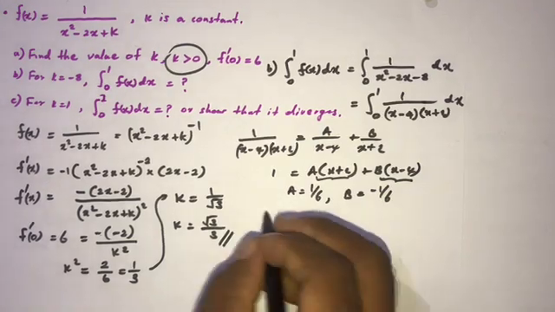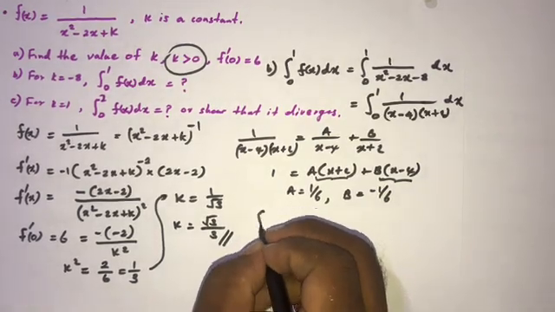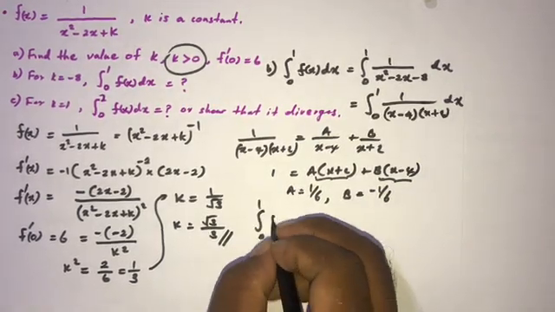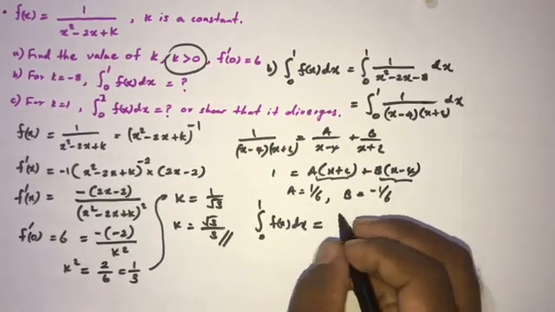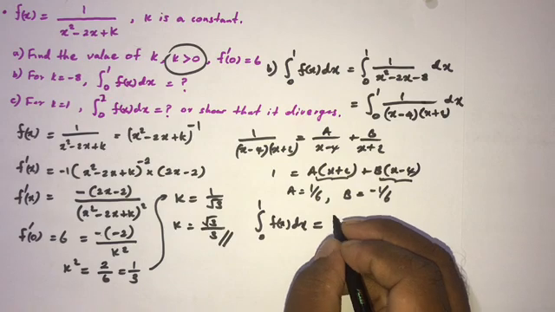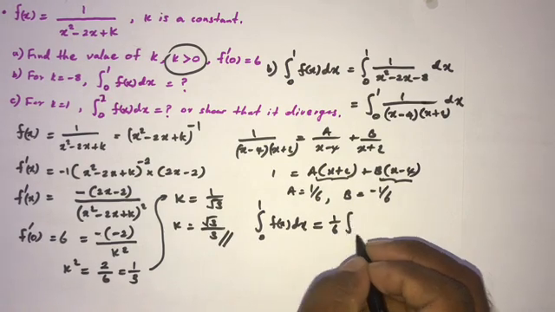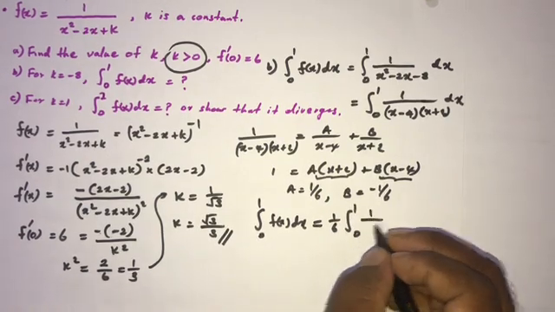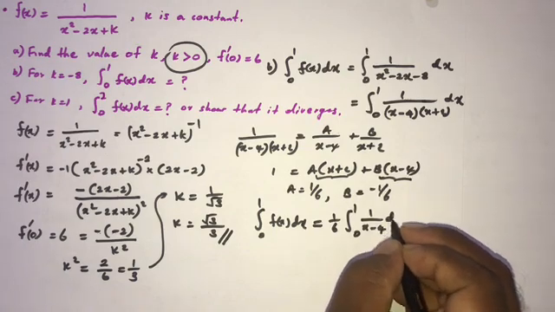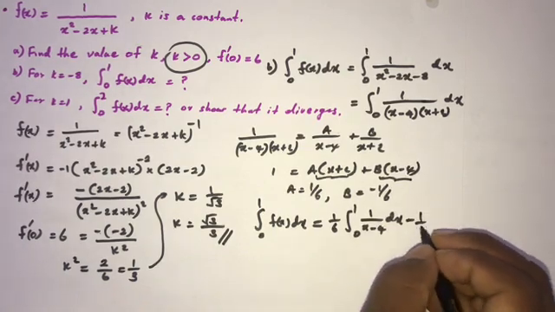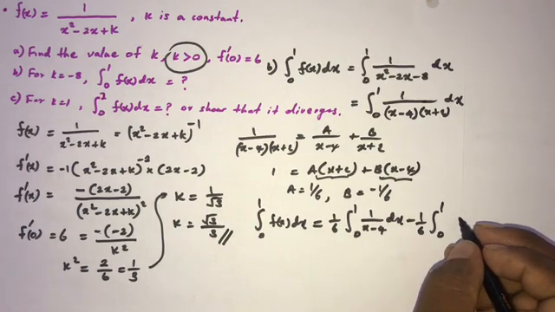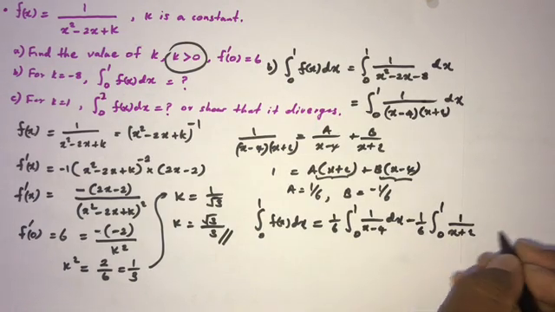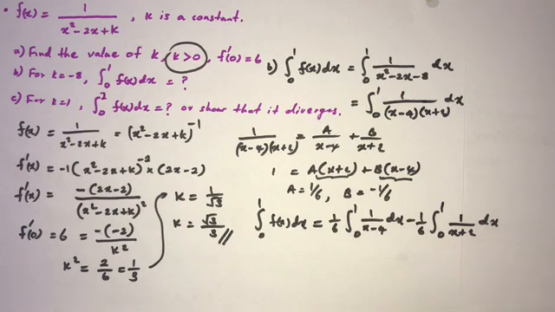Okay, now we can write our integral from 0 to 1 of f(x) dx is equal to 1/6 integral from 0 to 1 of 1/(x-4) dx minus 1/6 integral from 0 to 1 of 1/(x+2) dx.